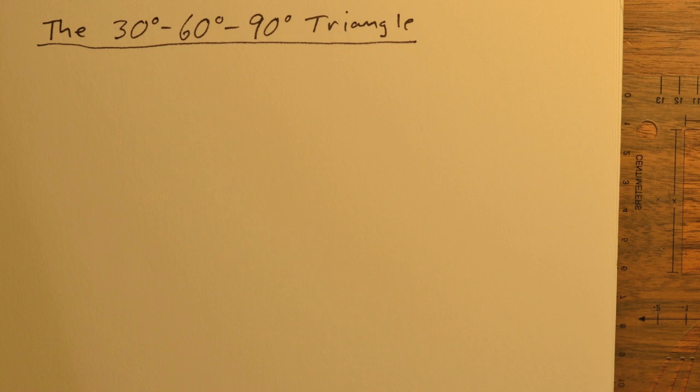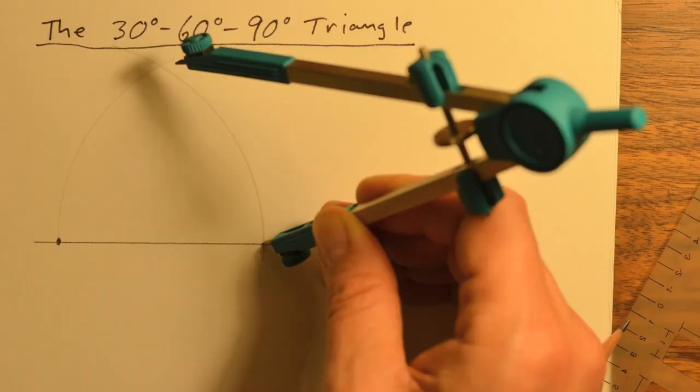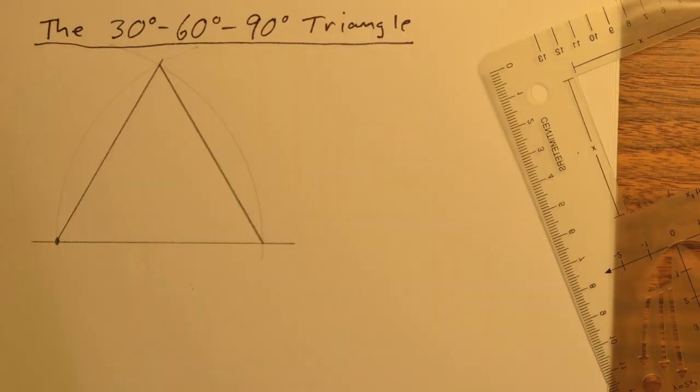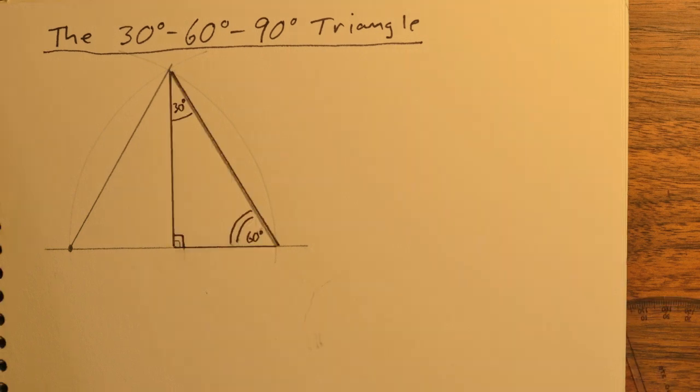Next, let's look at the 30-60-90 triangle. The 30-60-90 has its origins in an equilateral triangle. If you construct an altitude of an equilateral triangle, then we know, since all the angles in an equilateral are 60, and we have a 90-degree angle because it's an altitude, we create something called a 30-60-90.